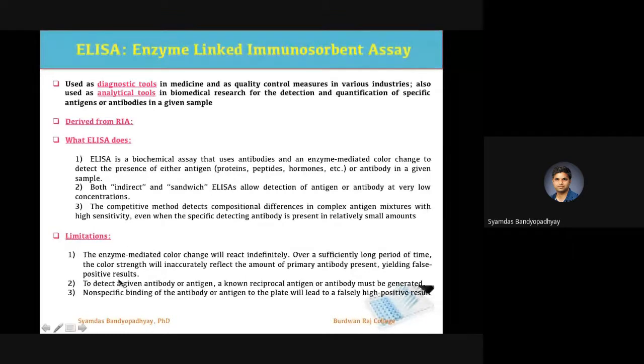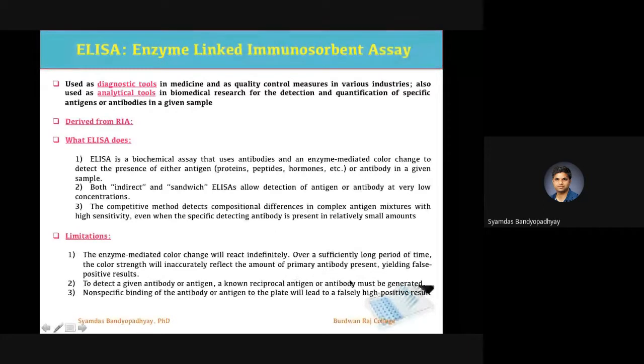And number two, to detect a given antibody or antigen, a known reciprocal antigen or antibody must be generated. I mean, this is really funny because ELISA is a technique that involves antigen-antibody interactions. So you always have to have a pair of antigen and antibody, right?